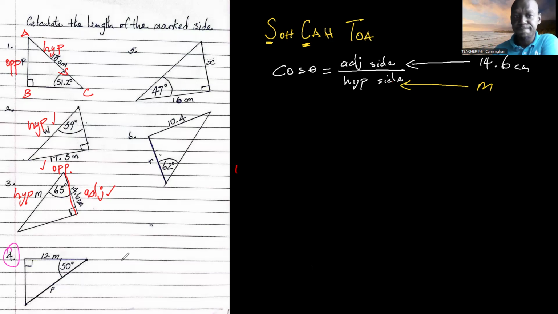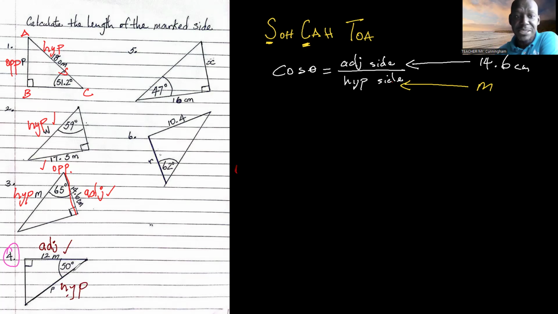We have the adjacent side. How much is that? 12. Right, so I'm going to write ADJ because we do have the adjacent side. Very good. And what else are we looking for? The hypotenuse. Very good.